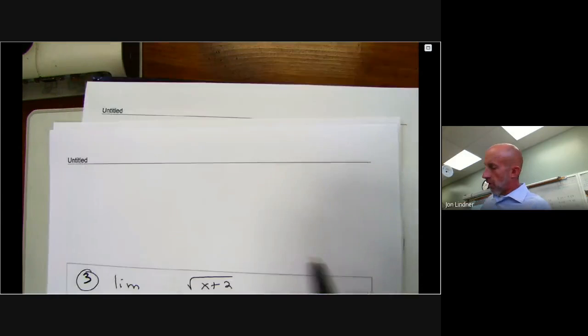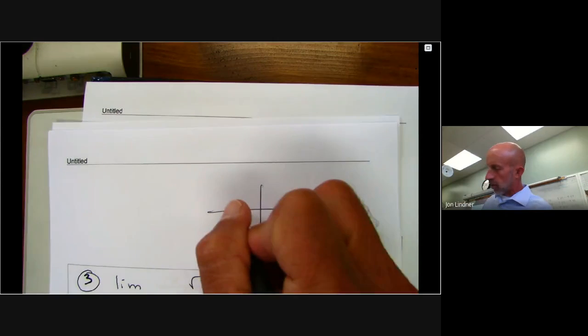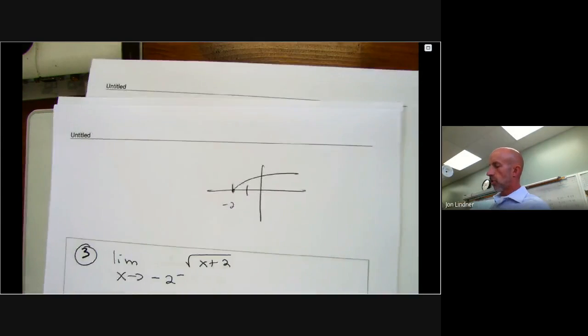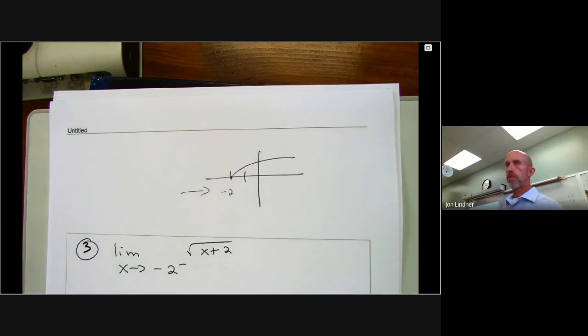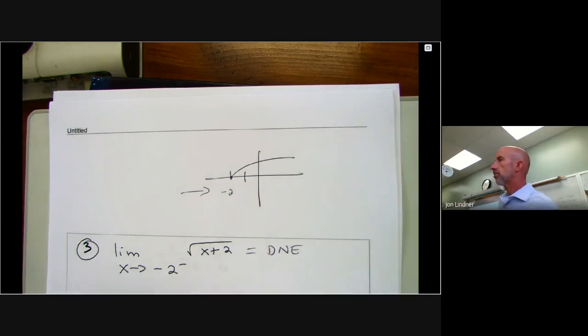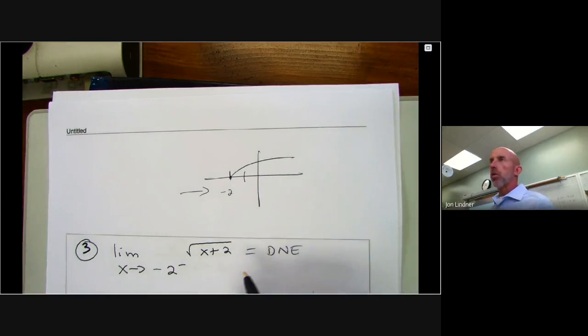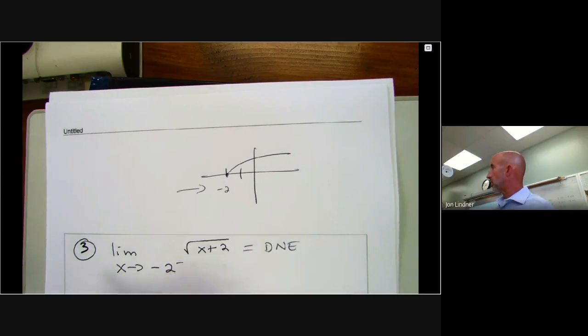I just told you that this function is moved to the left 2 units and looks like this. So if I am approaching this function from the left, it doesn't exist there. So this limit does not exist. Sure, I could plug in -2 and get 0, but if I'm specifically looking at it as the limit as x approaches -2 from the left, it doesn't exist.